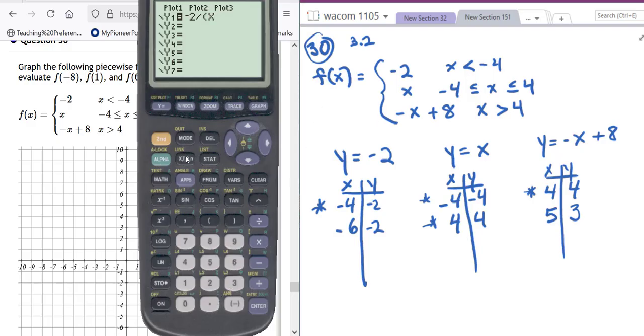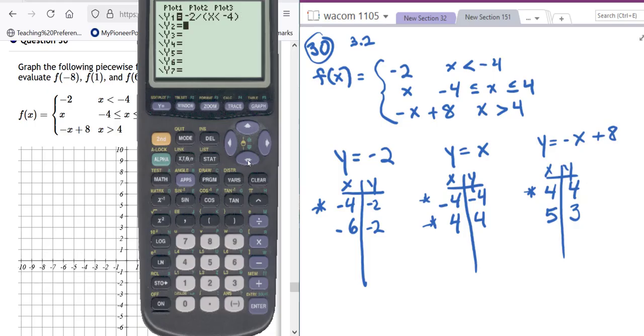So x, and you're going under the test menu, which is above the math button. So you have to do second math. So we're doing tests. Here's our symbols, and we want less than, which is choice number 5, -4. Close the parentheses. That's the first one.